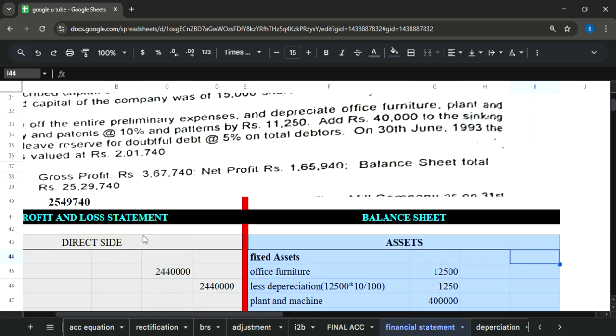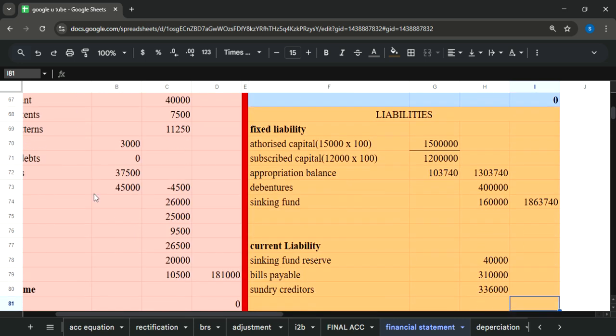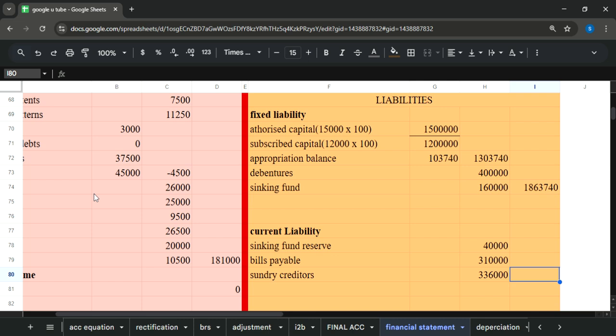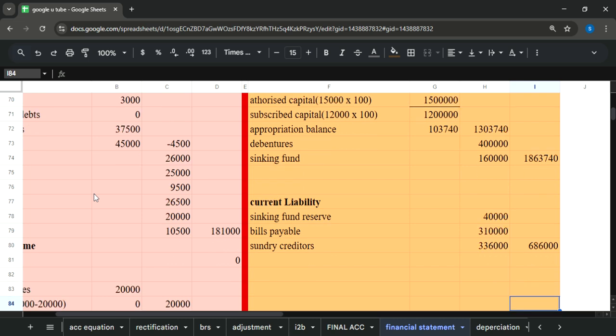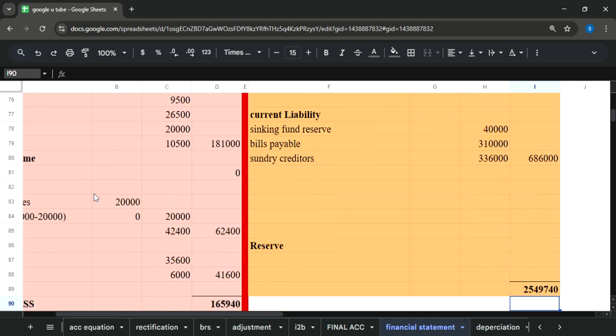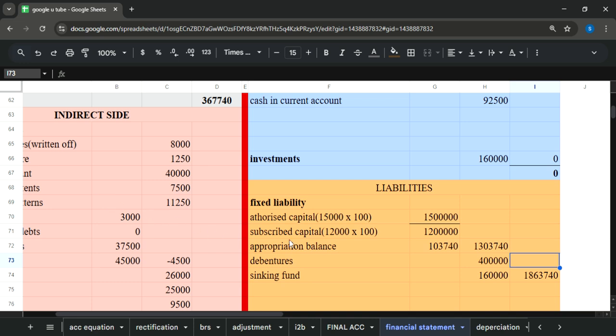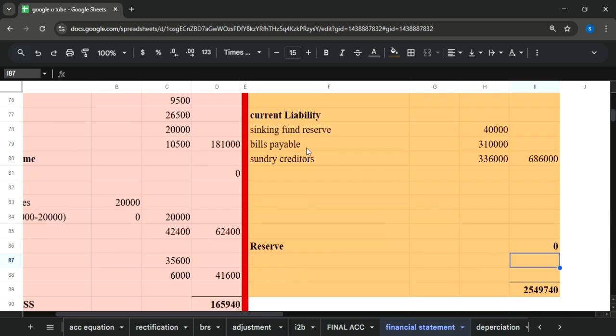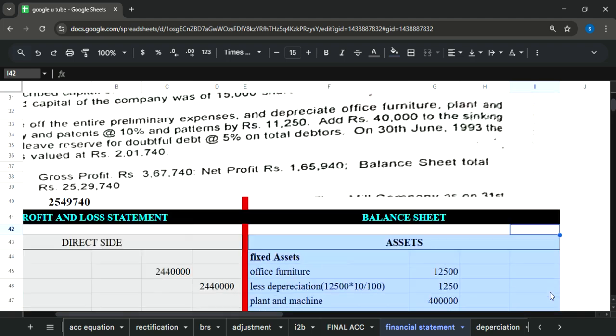One more thing, I told you at the start of the question that the actual answer for the balance sheet is 2549740. Fixed liabilities, okay. Here we will take the sum of all current liabilities. Reserves are not present, and you can write 0 over here, no reserves. So the sum of fixed liabilities, current liabilities and reserve is 2549740, and here you can see that 2549740 is our answer.